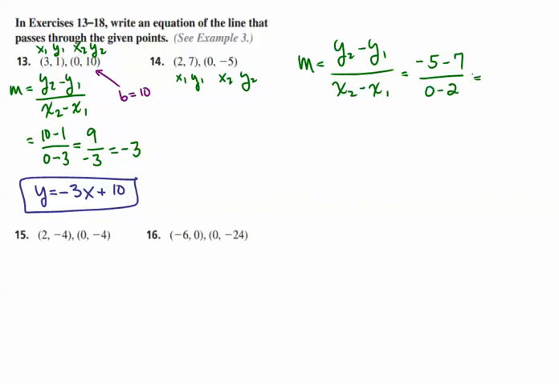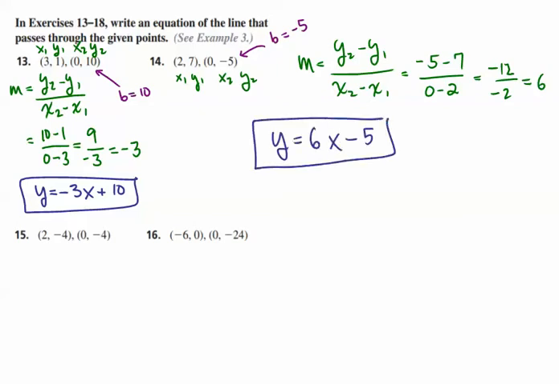So I would definitely use my calculator to make sure I don't make any mistakes here. But I get a negative 12 over a negative 2, which should give me a positive 6. And again, I can see my y-intercept is the y-coordinate when x is 0. So b is equal to negative 5. And my equation is y equals 6x minus 5.